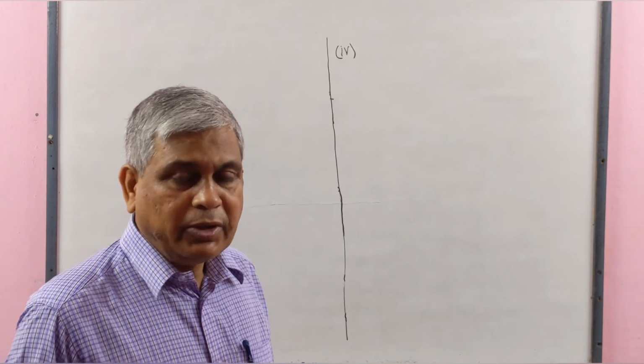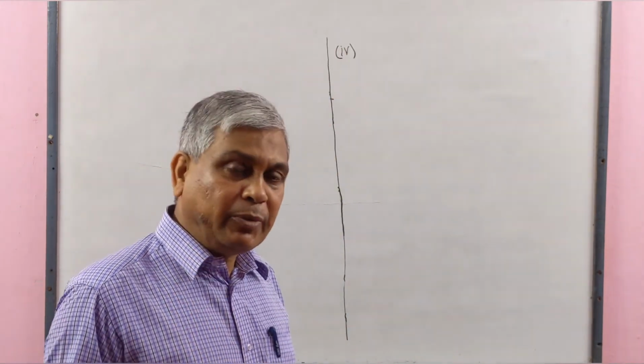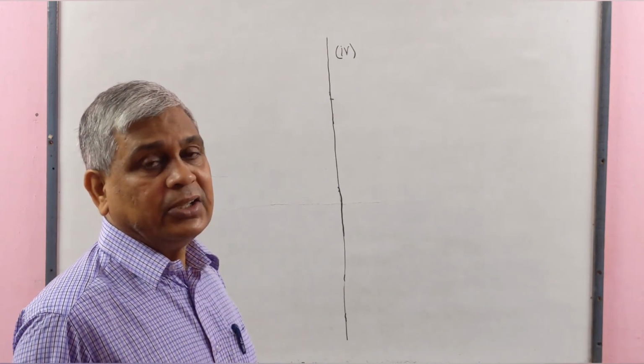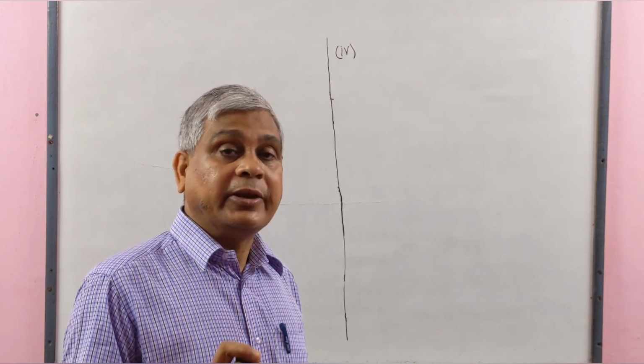Now we solve problem number 4. In problem number 4, we have to show that 3k square minus 1 is not a perfect square.